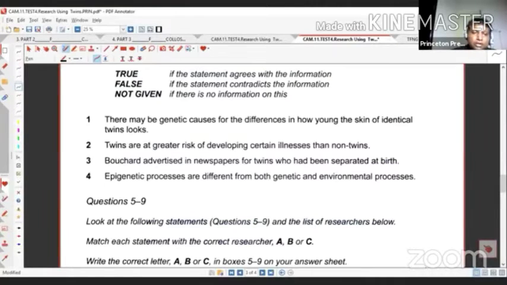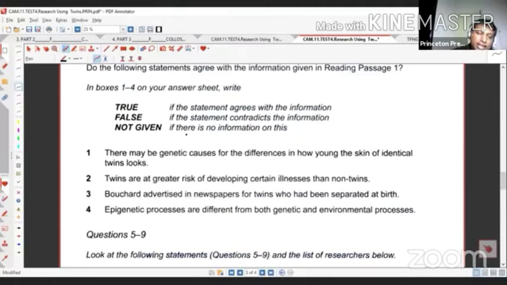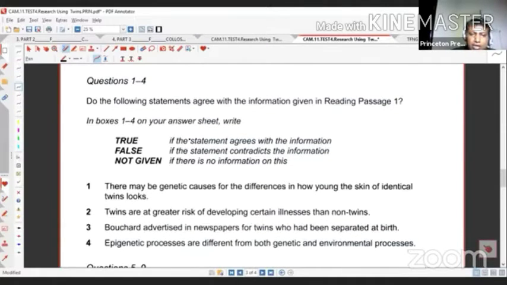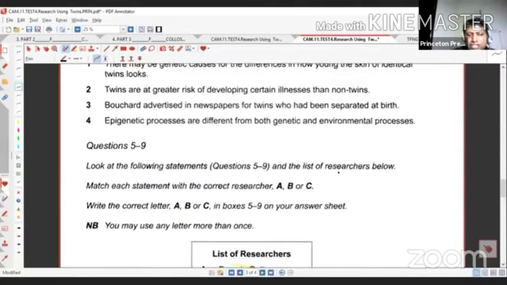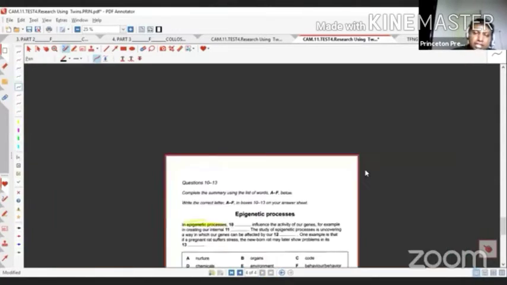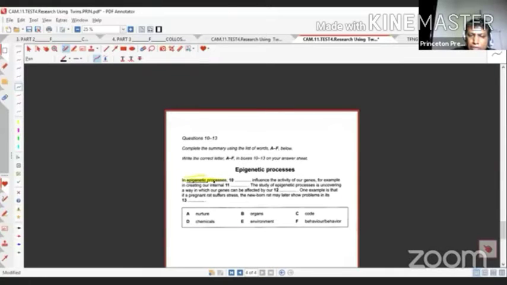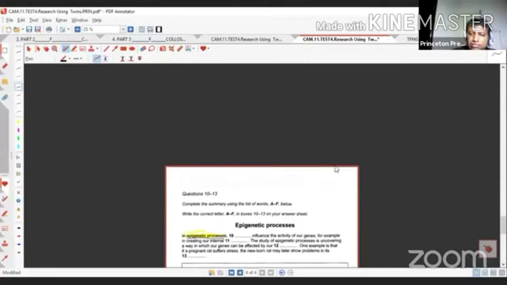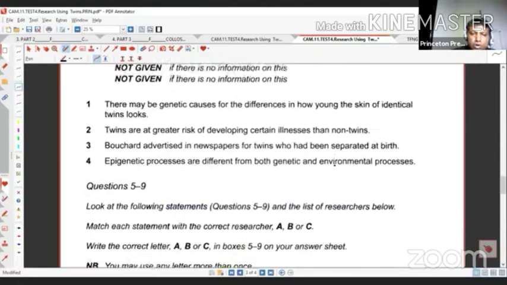In most cases, you will find it, because it's 1, 2, 3, 4, so you will very likely find this answer. So we should start with that. For the second type of question we just remember these names, and for the third we remember epigenetic process. We don't have to do anything more at the moment.